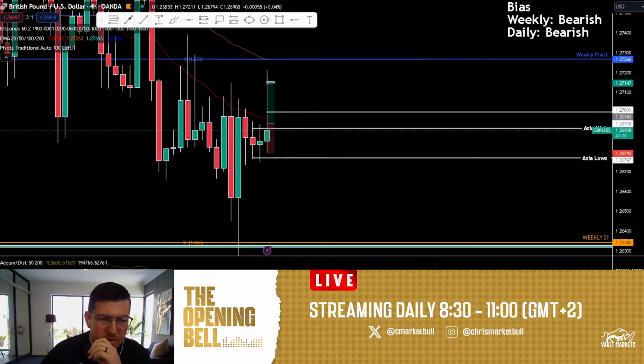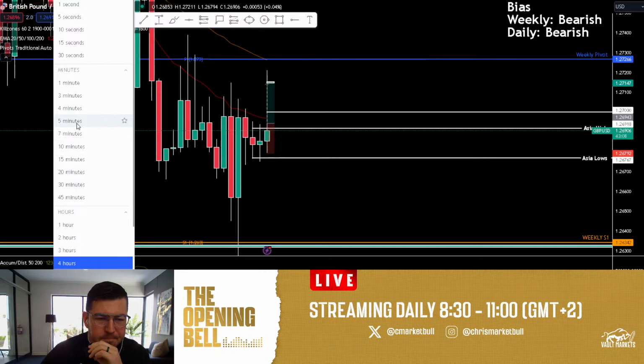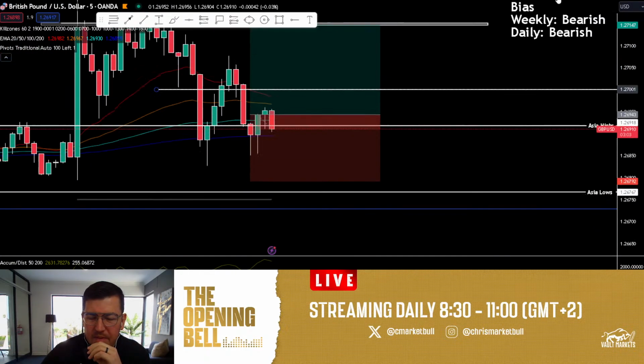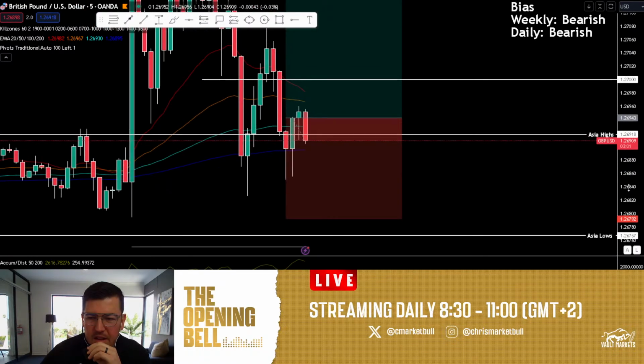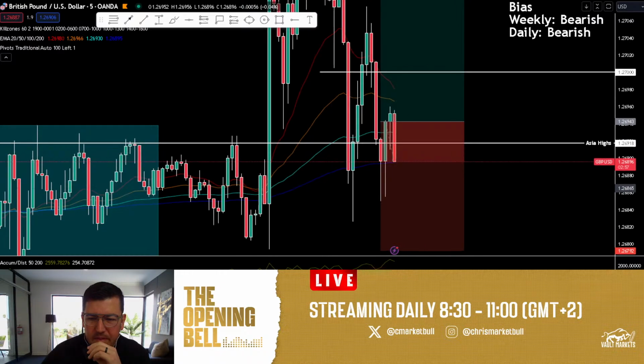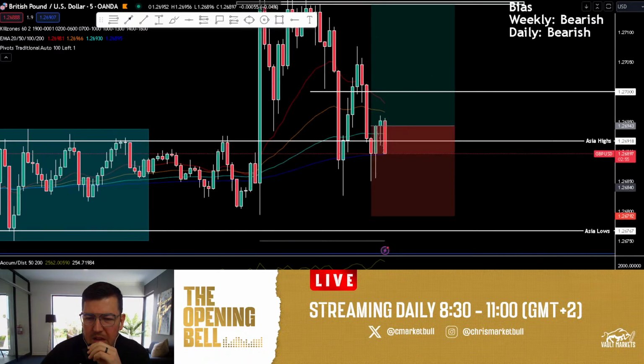Created a top wick, pulled all the way back. Actually just an ugly 4-hour range. This 5-minute, I want to see us hold these Asia highs. If not, I'm closing out this trade.